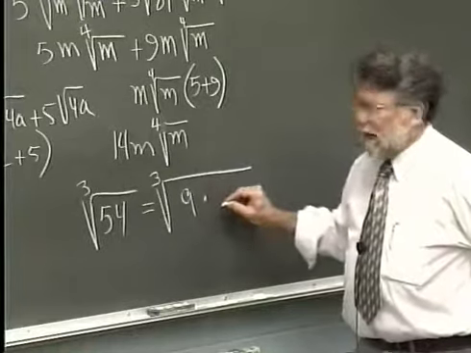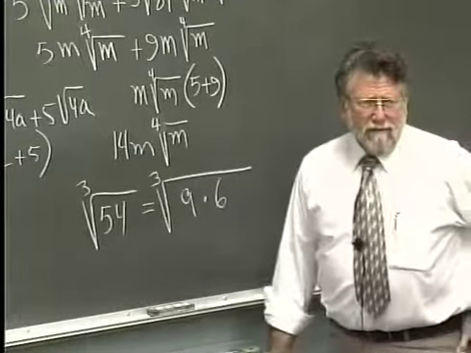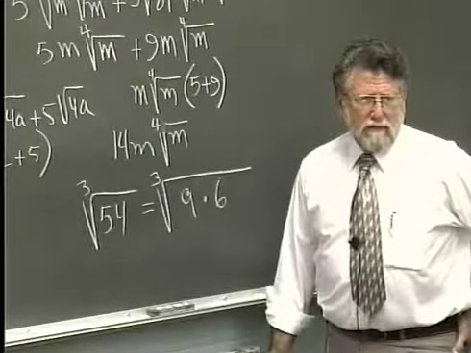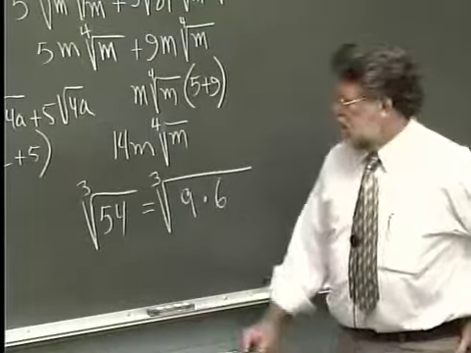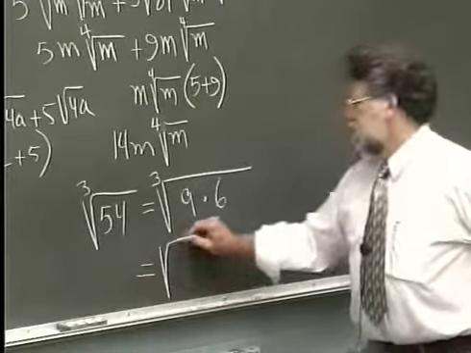I'm going to put a dot for multiplication. Could you build on that if that's what you saw? Somebody give me an argument. No, because I'm not seeing anything cute. Okay. You can pull a 3 out of there.